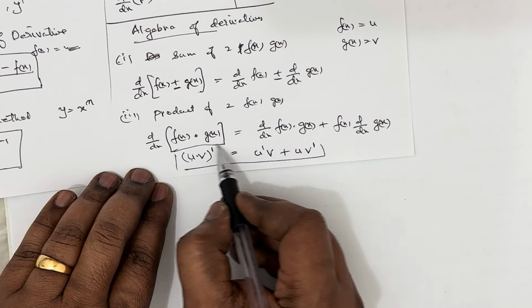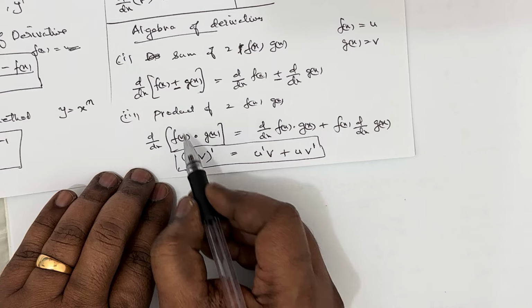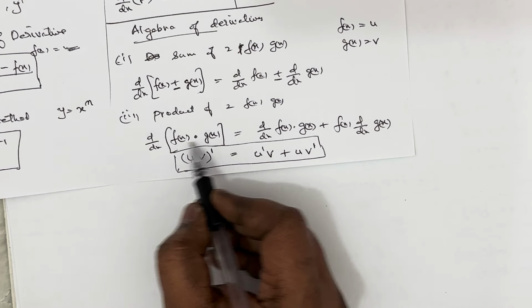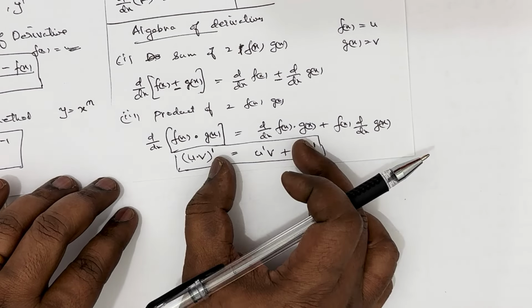This is most commonly used for the product of two functions, because it's easier writing this smaller version than the bigger one.